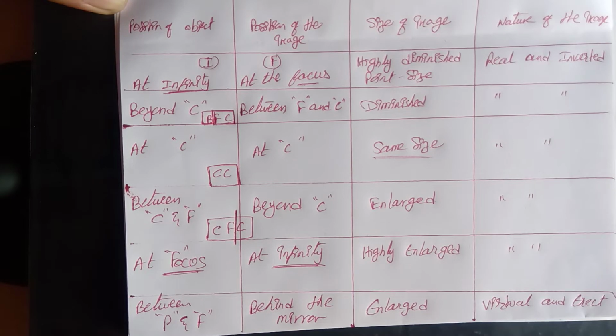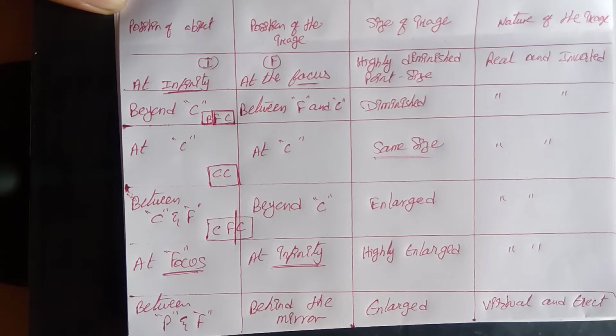So the first one, at infinity. It means that if my object is at infinity, for example, the sun is at infinity. We are assuming here the sun to be at infinity, the distance between us and the sun to be infinite.